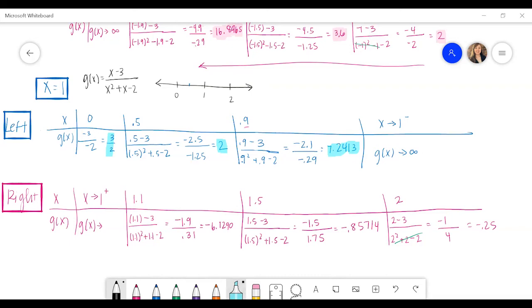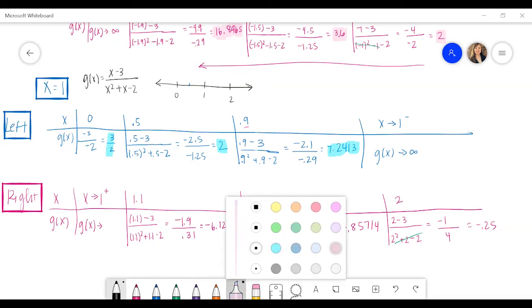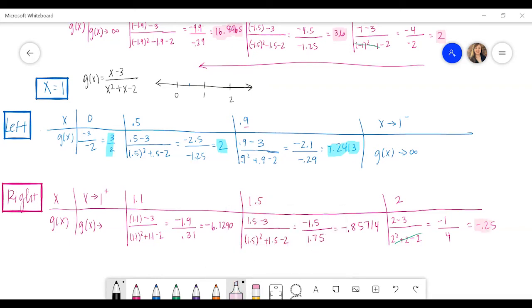So in our pink ones, in the second group on the right, remember we moved from negative 0.25 to negative 0.85714, negative 6.1290. As we move in this direction, it seems as if we are going more negative.